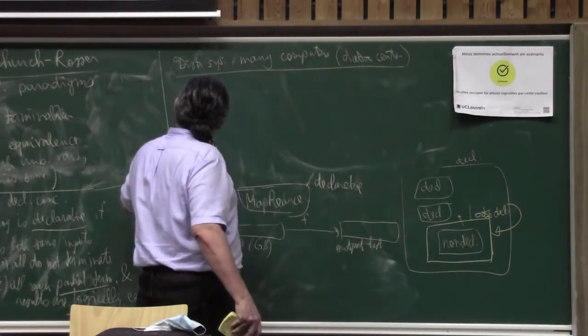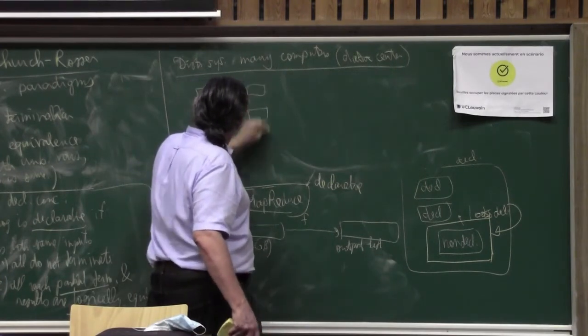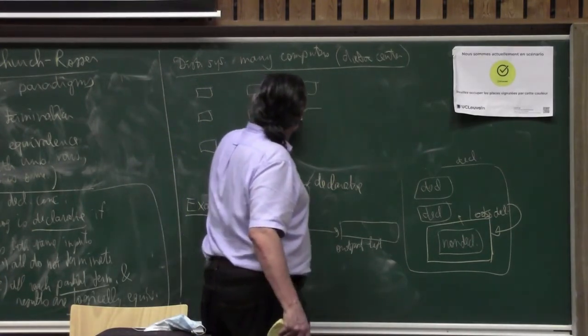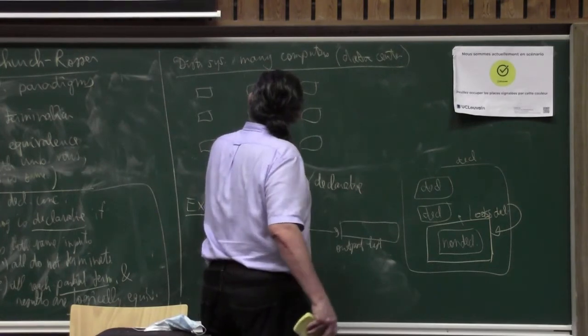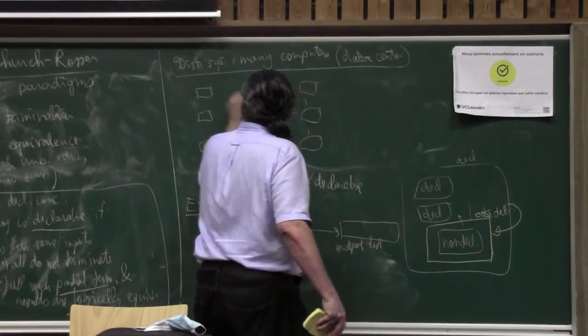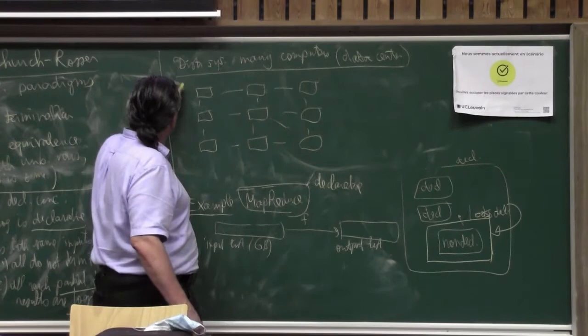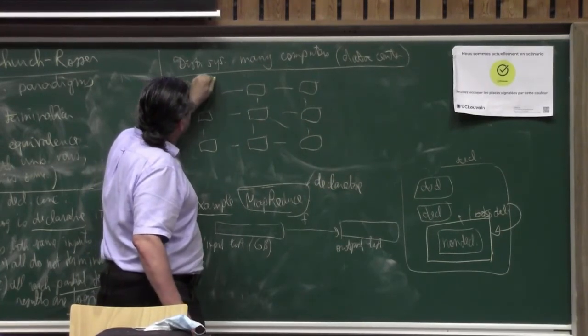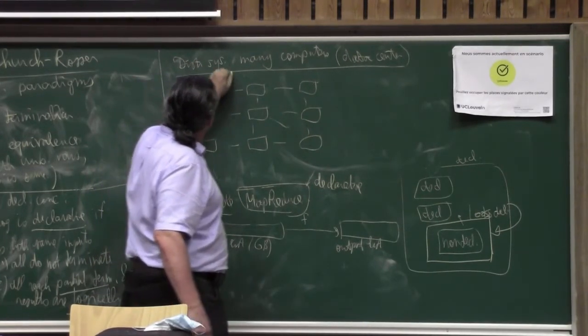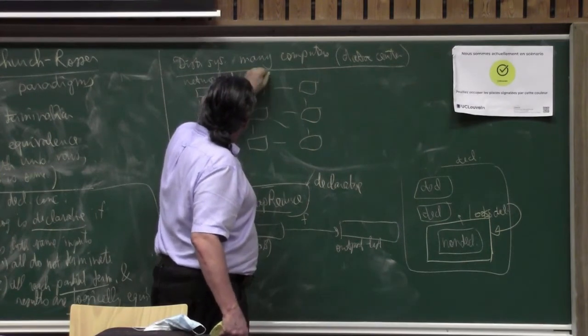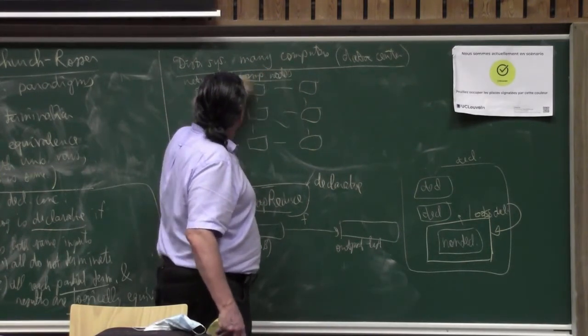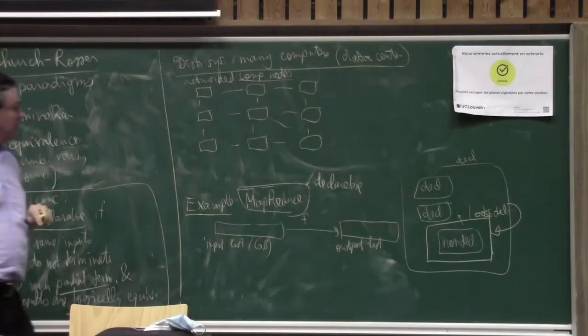So we have here a bunch of computers. These are all computing nodes, and they're all connected in a network, okay? They're all networked computing nodes. And they're all doing this computation.